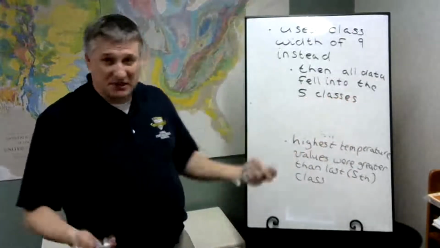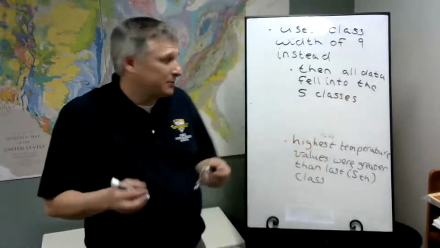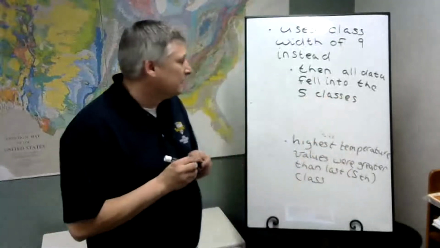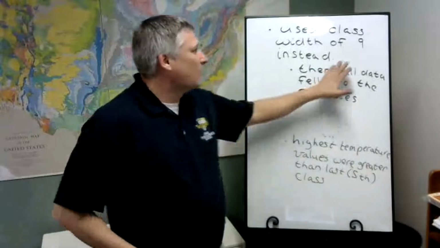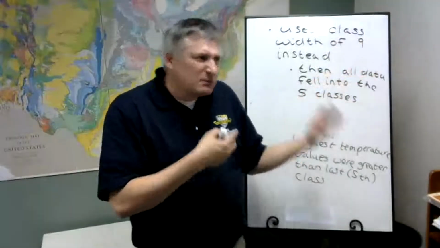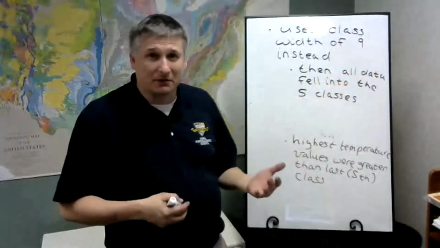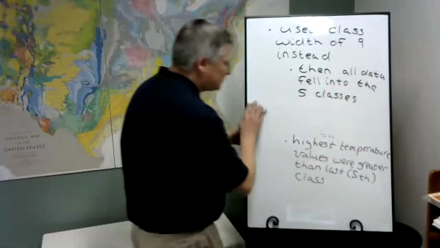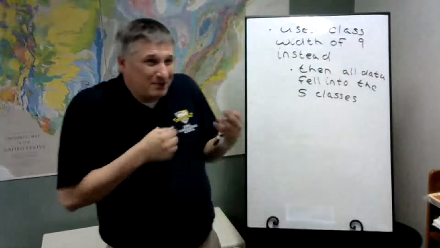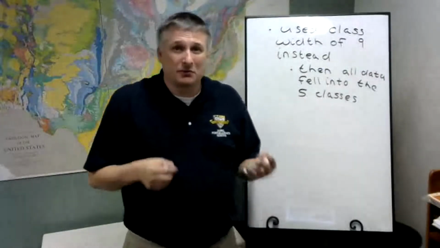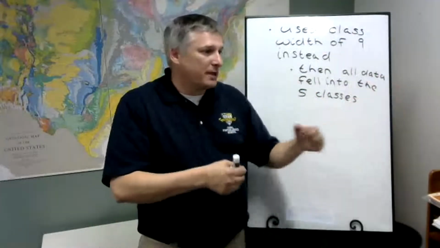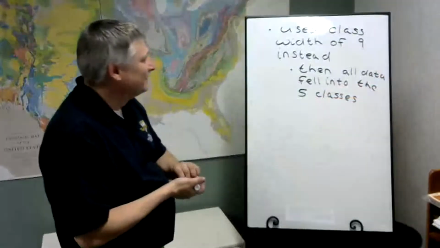I didn't have to add some sixth class. And if I make it n equals 6, I got to go back and do my division all over again, calculate my new class width. So what I did is I just used a wider class width. And again, I got this idea from the author who was saying round up as opposed to down. And it worked in this case. So just passing that on. Sometimes if you round to the nearest whole number, you might be rounding down, and that might make your class width too small. So I rounded up to make sure my class widths were big enough so they could contain all the data. All right.